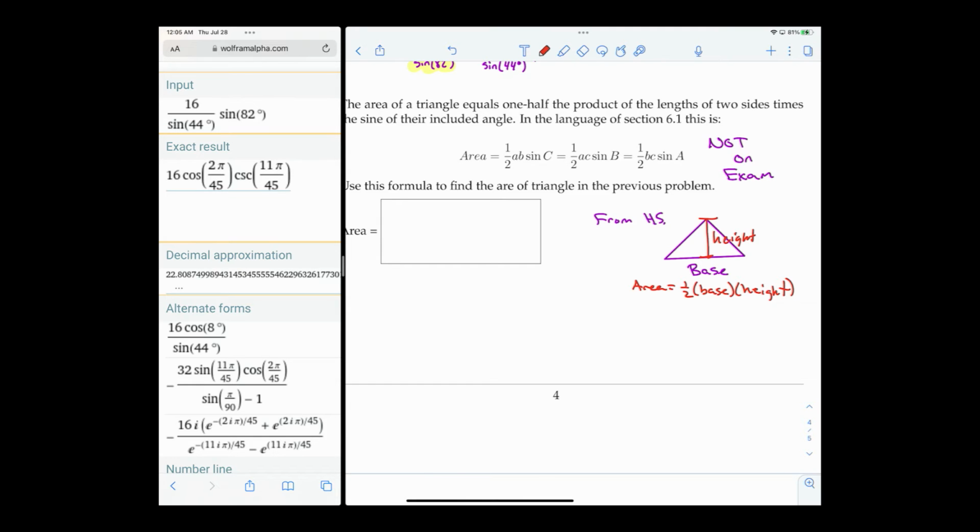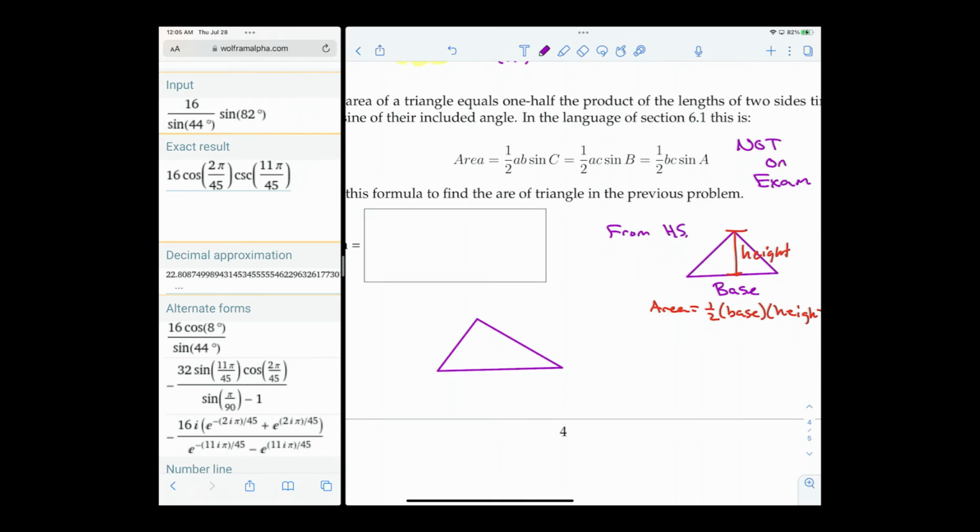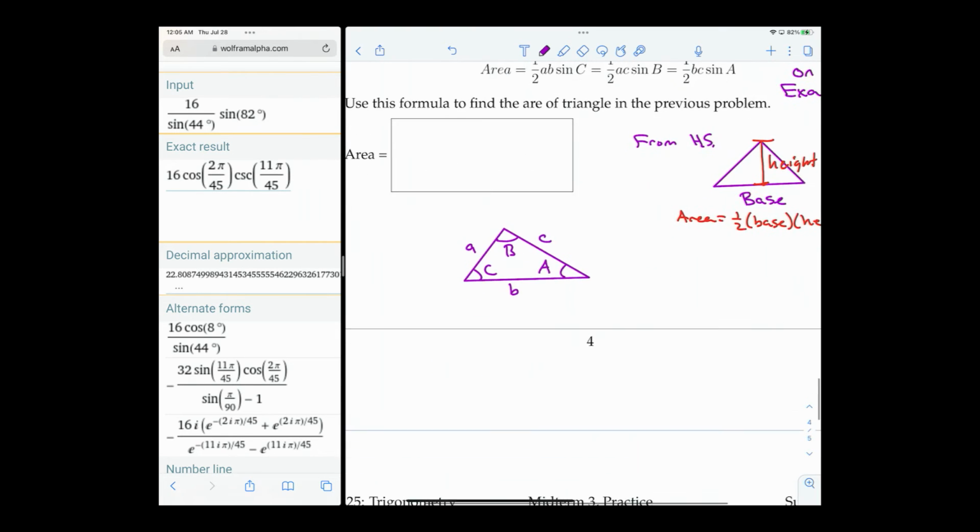You probably remember that. But what if you don't know the height? What if you have a triangle and what you know are an A, a B, and a C? What if you just have this? You don't know the height. No height. How do you calculate the area?